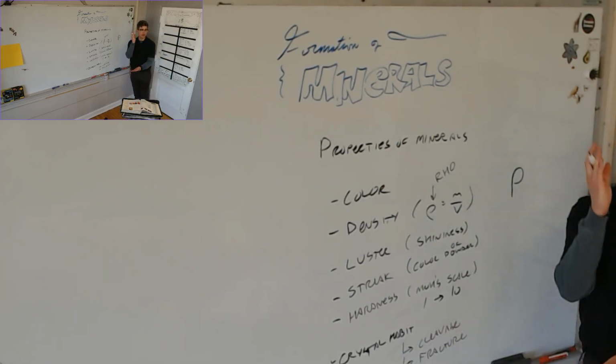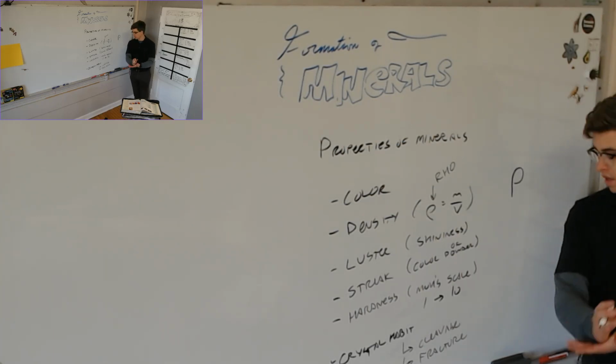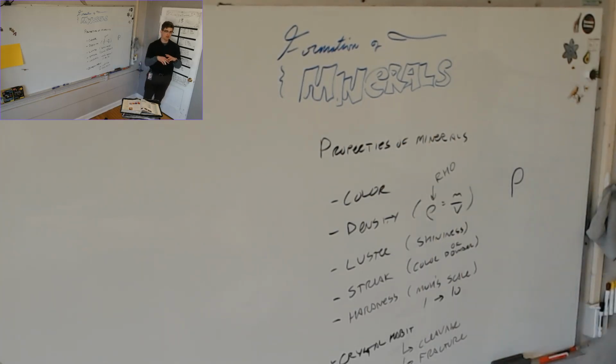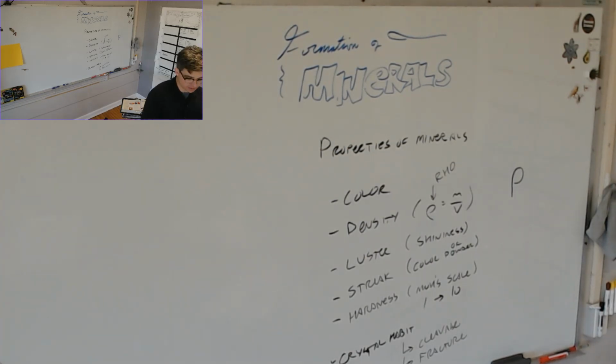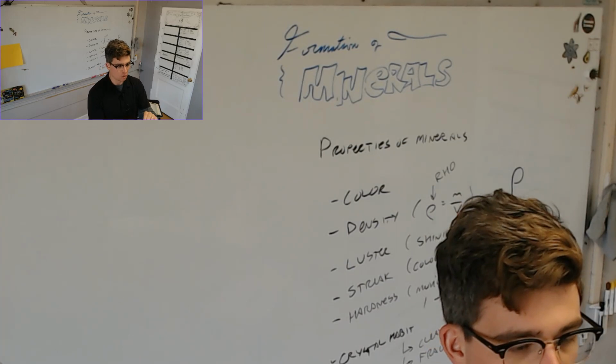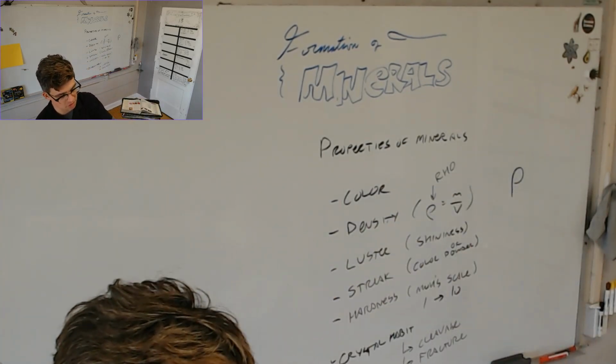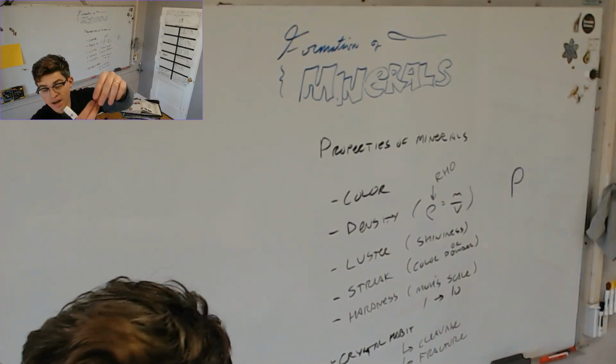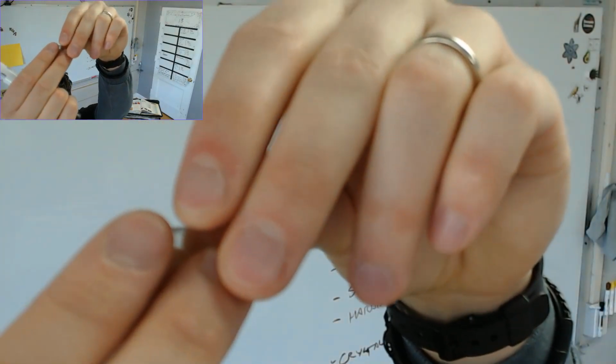Cleavage is how it breaks along its crystal boundaries, and fracture is how it breaks not along its crystal boundaries. I don't really like to break these, but a pretty easy one to break is this biotite mica. We say it has perfect cleavage on one axis, which means that it will break perfectly along its crystal line on one axis. I can show the camera here. This is mica.